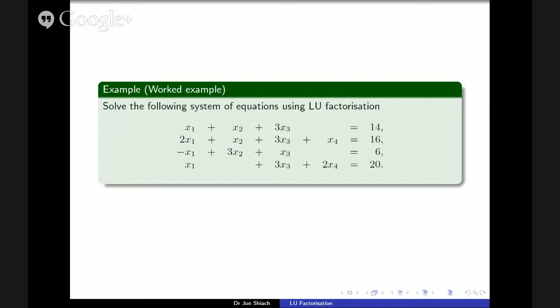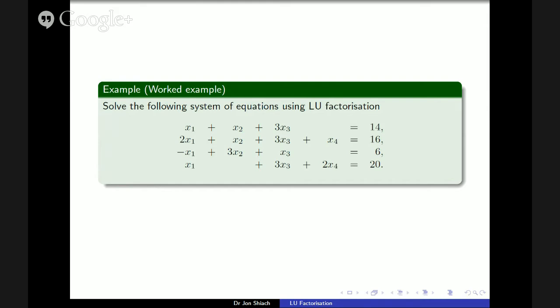Okay, so now we go backwards, solving for x4 first. So x4 is 15/2 divided by 5/2, which gives me 3.